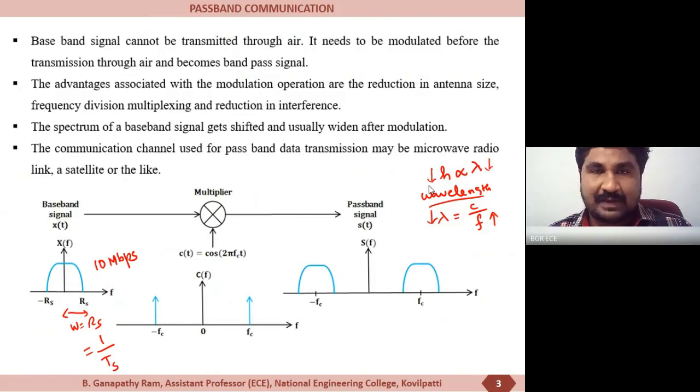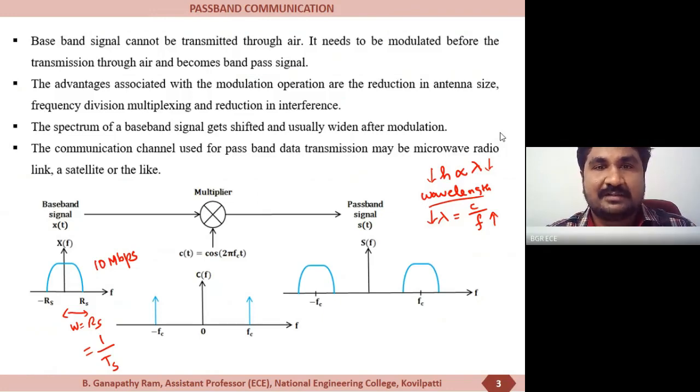This is the reason we perform the modulation process, to reduce the height of the antenna. So we need to upconvert this baseband spectrum to a high carrier frequency so as to reduce the size of the antenna.